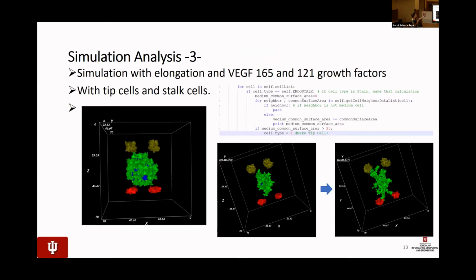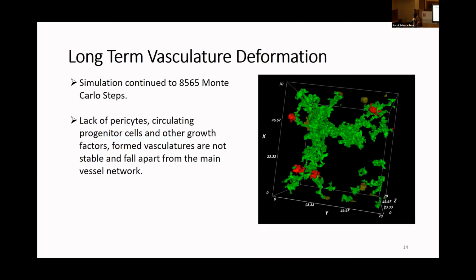So they became green, they became tip cells, and most of them try to elongate. Since I don't have any other cell types, like supportive cells or other growth factors, after a certain amount of time, the formed branches collapse and deform.